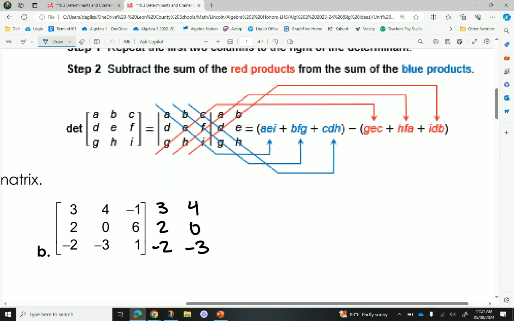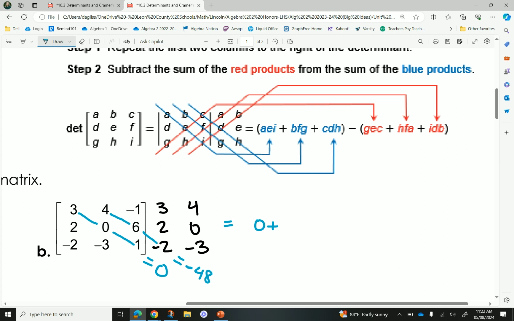All right. Here we go. We're going to work our way down first. Okay? So my first diagonal is 3 times 0 times 1. What does that give us? 0. Okay. Then, so we're going to add all these together. What is 4 times 6 times negative 2?